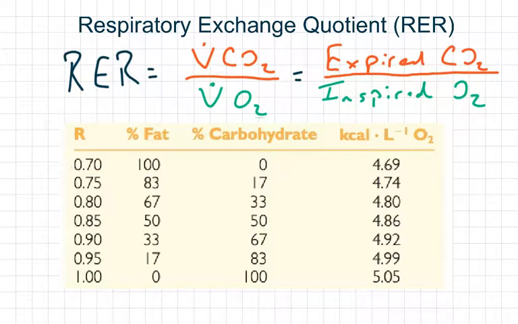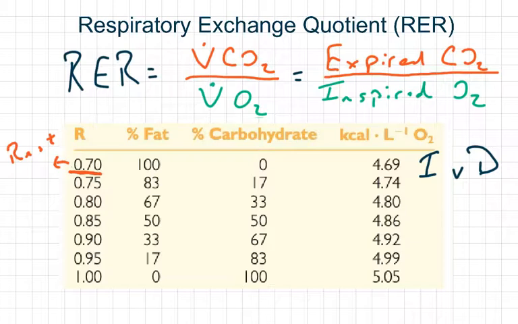Additionally, another concept that RER helps to solidify is this concept of intensity versus duration in the body's fuel selection during exercise. And so what we're seeing here is when the RER is at 0.70, we're primarily at rest.